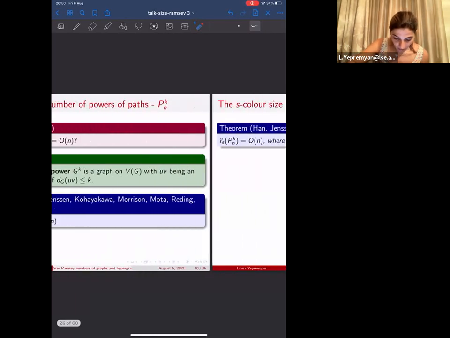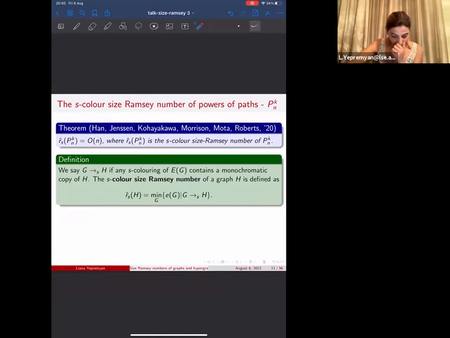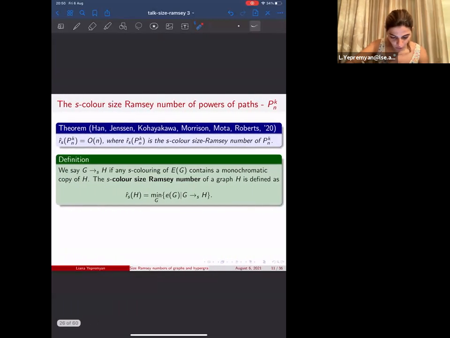Okay, and then, right, so I should also mention that they also proved that, not the same set of people, actually. I think some people have left the project. But Han, Jenssen, Kohayakawa, Morrison, Mota, and Roberts showed that the same is true if you take the s-color size Ramsey number.